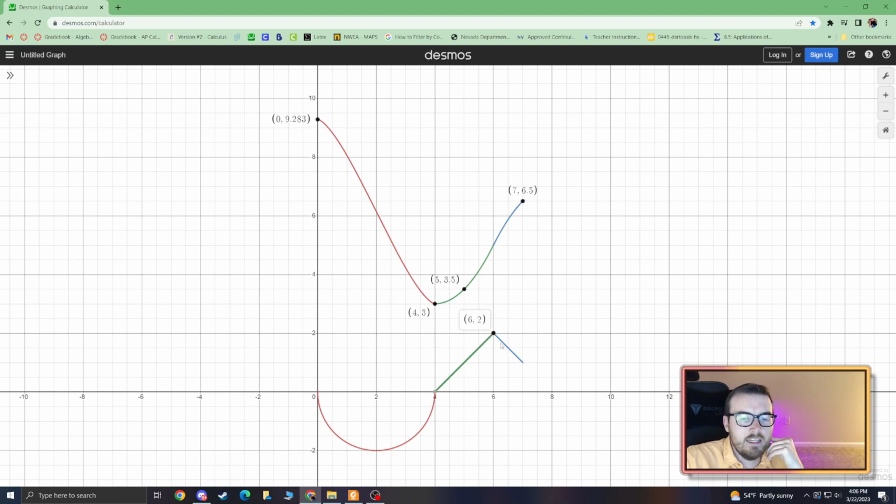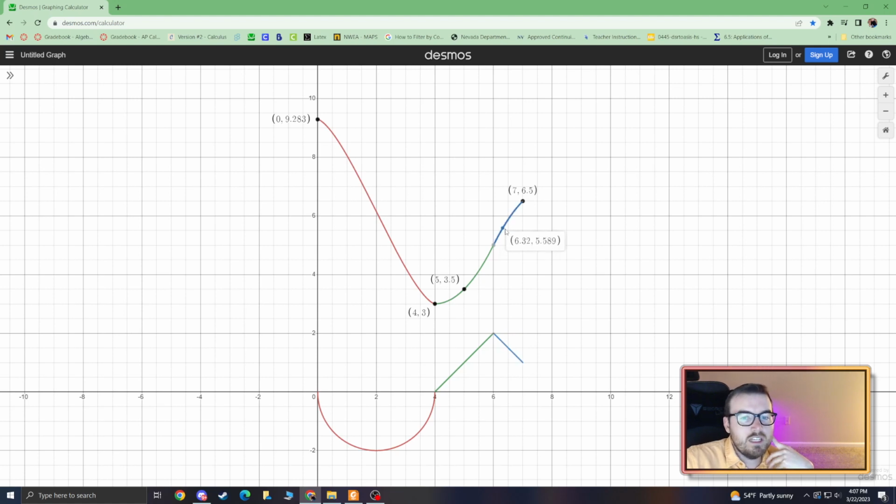And then when this line changes to this line, the function is still increasing. Just because the derivative is going down doesn't mean our function isn't increasing anymore. It's still a positive derivative. This blue part of the derivative is still positive. It's getting less positive, but still positive nonetheless.